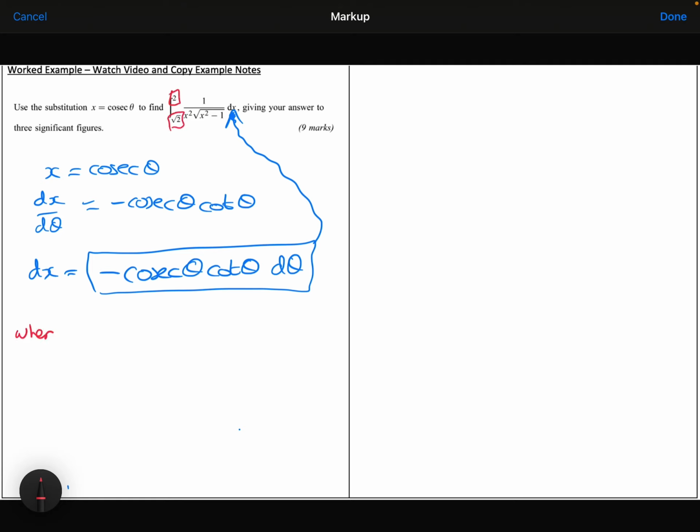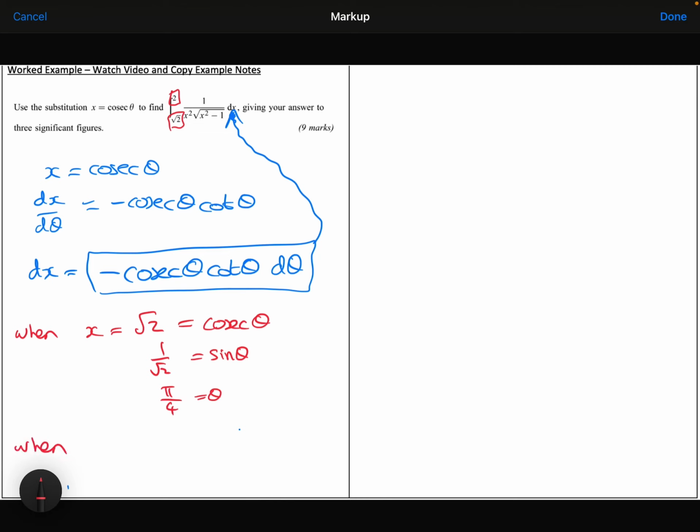So when x is root 2, what's theta? Well, that's going to equal cosec theta, which cosec is the same thing as 1 over sine. So that's saying that sine theta equals 1 over root 2, which, if I do sine inverse, I find that theta is going to be pi over 4.